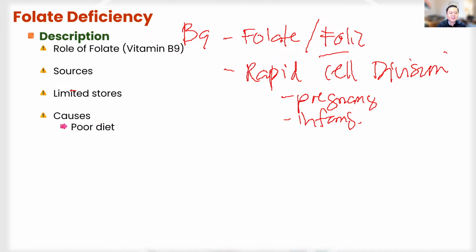Or let's say if they're alcoholic as well, they're going to be prone to developing vitamin B9 deficiency. For those patients that may be taking some medications, let's say antibiotics, they can be prone to developing that as well.